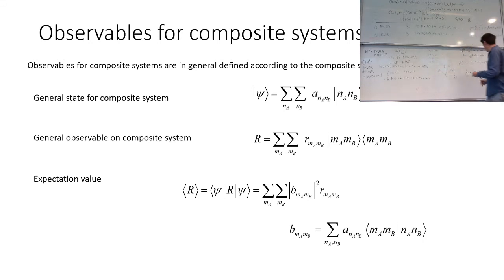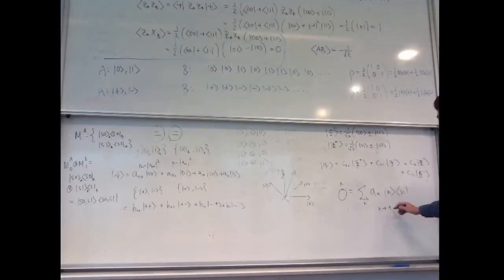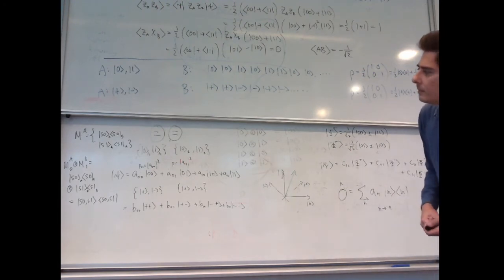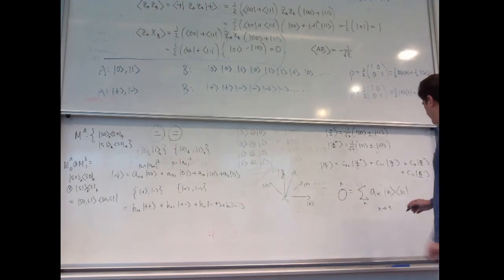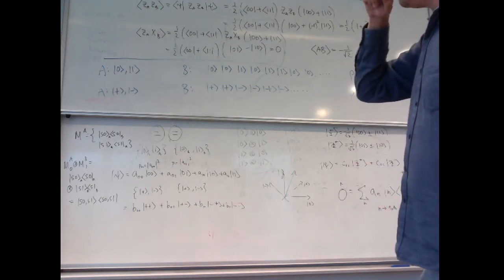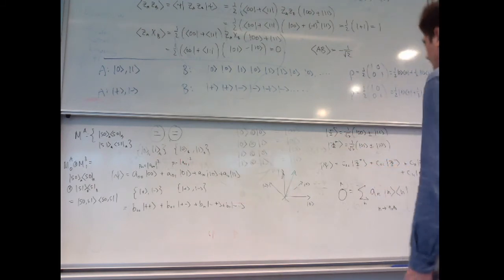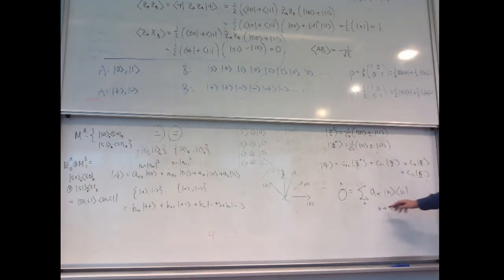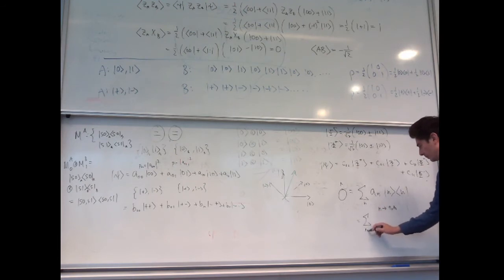The way you generalize that is that n becomes two labels, n_A and n_B.